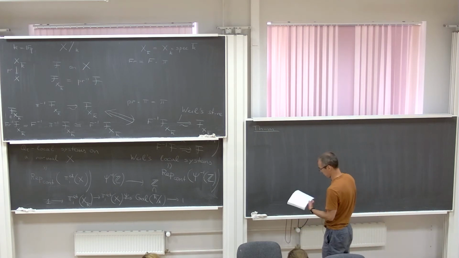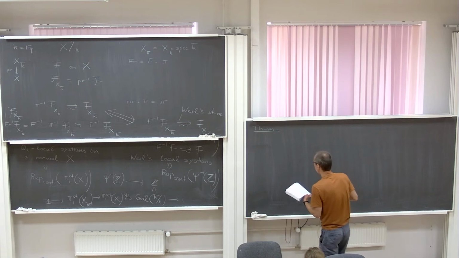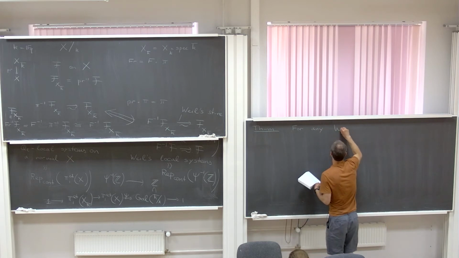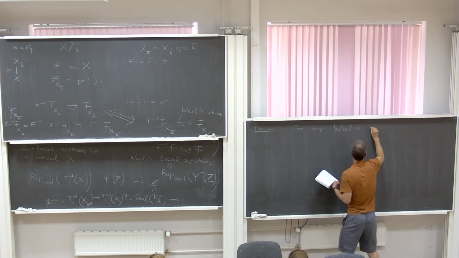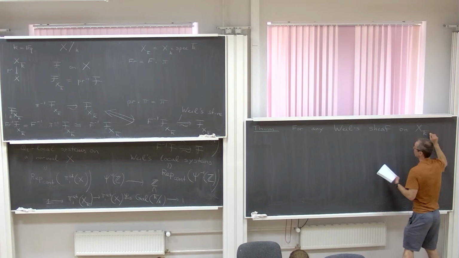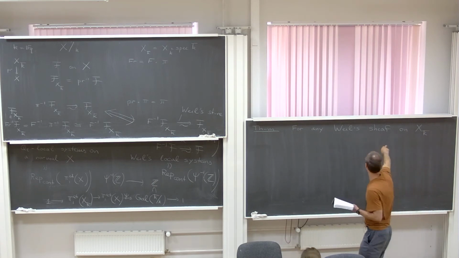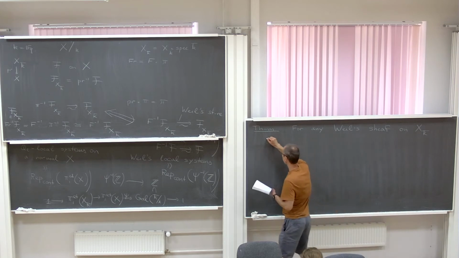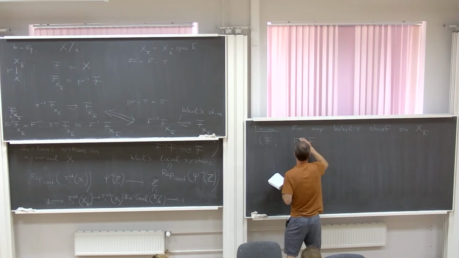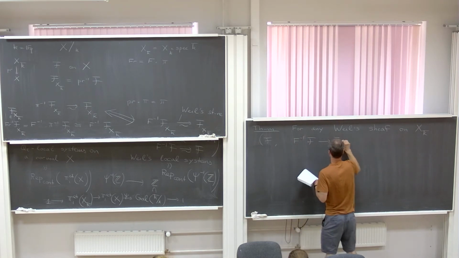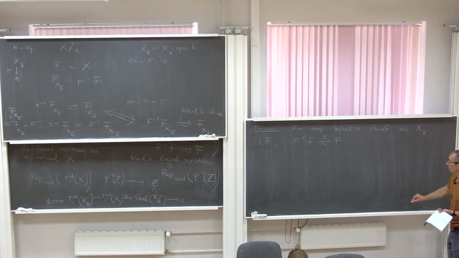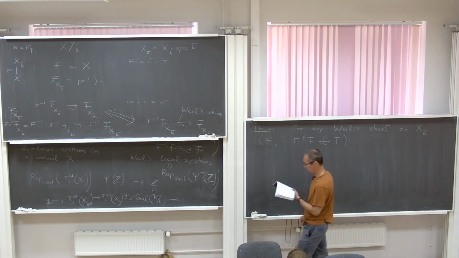Now, the theorem, this Lefschetz formula, the key result, is that for any Weil sheaf on X_k bar, so we are given X, we are given X_k bar, we have F together with this map from its Frobenius pullback to F, which is an isomorphism. We have the following formula.